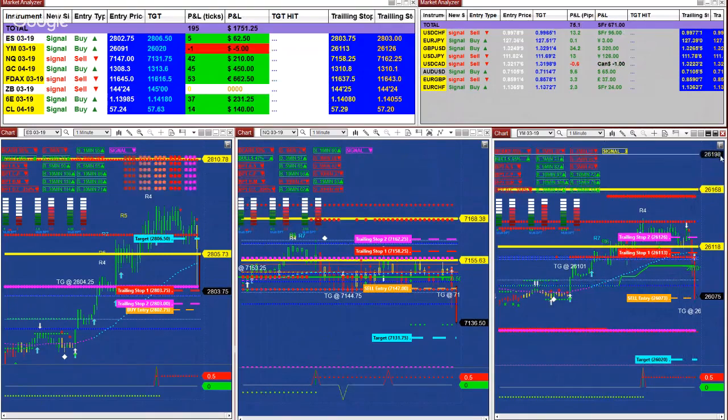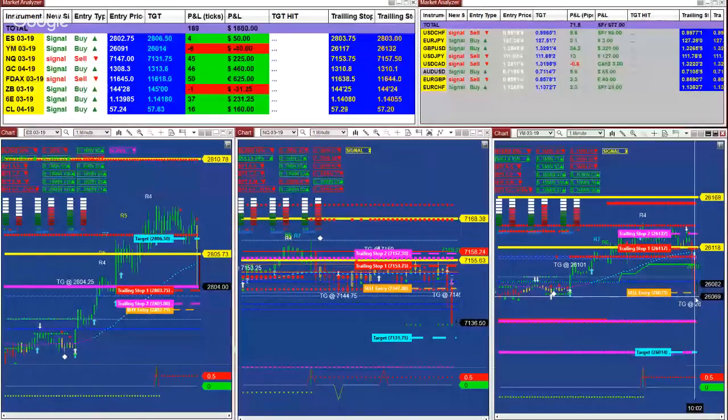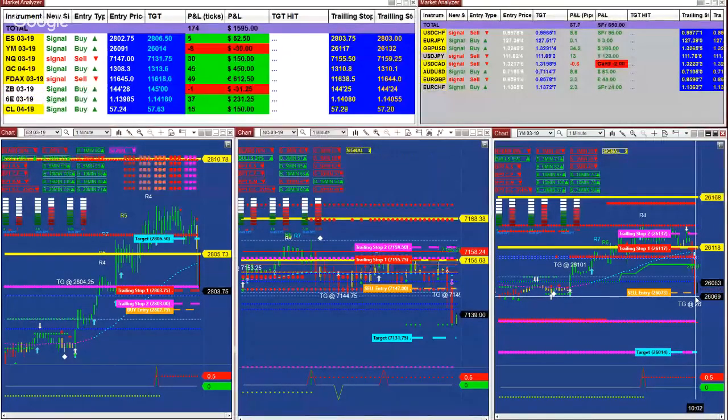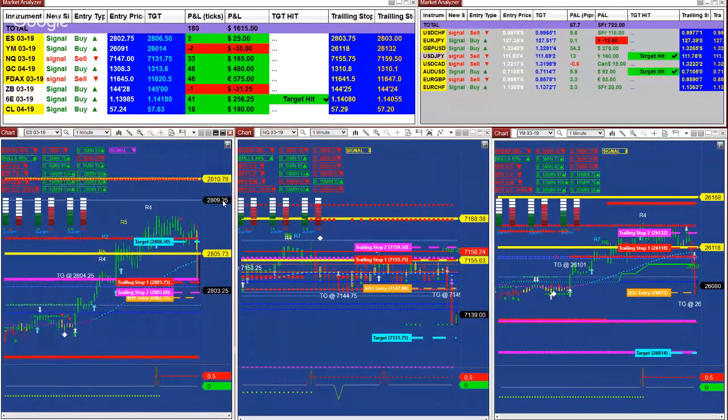Okay, we have a sell entry, and if you want, put a limited order at 26069 on the YM, not a market order. And now we are about to have a new signal on the ES.